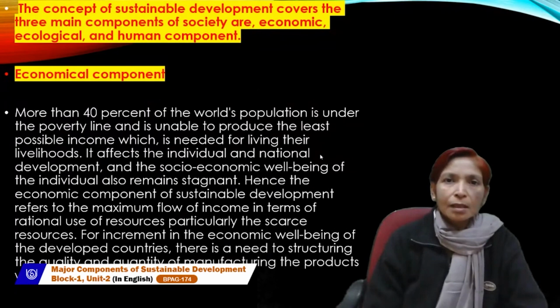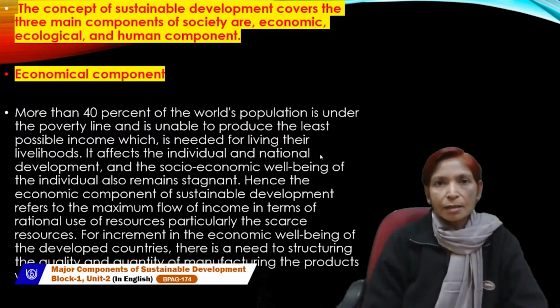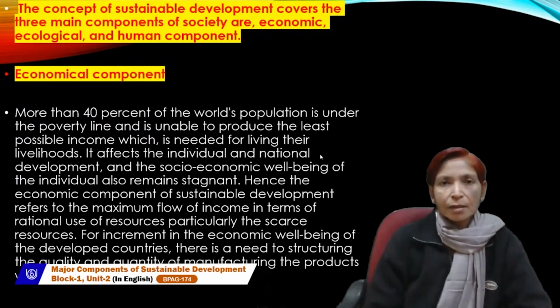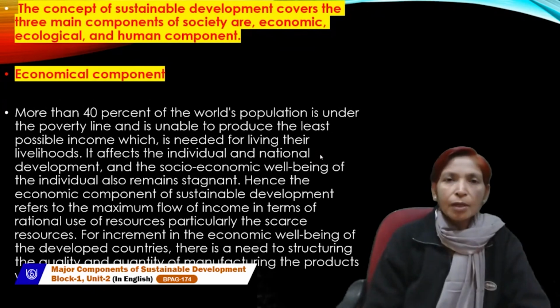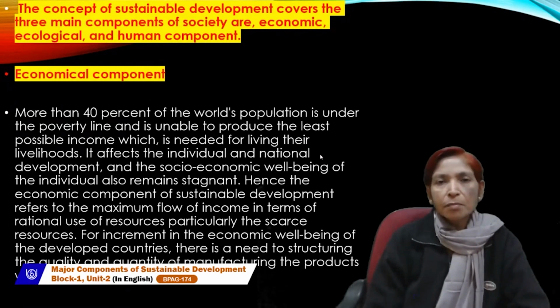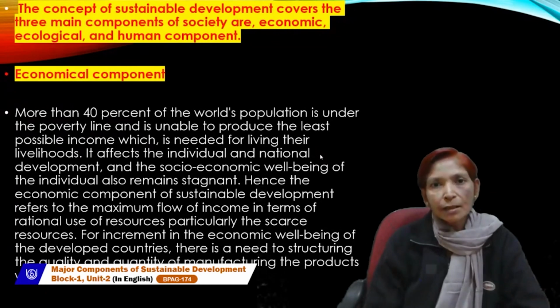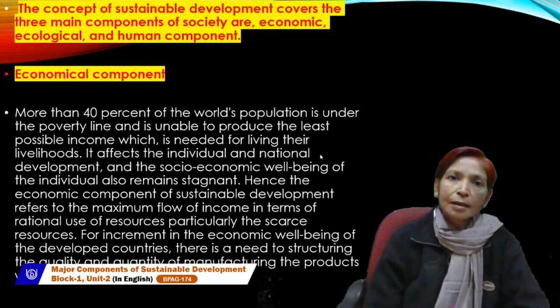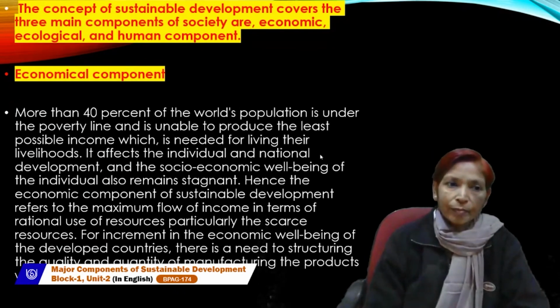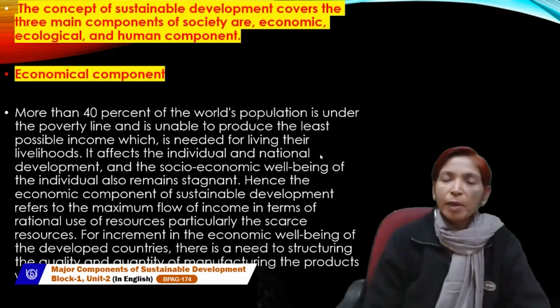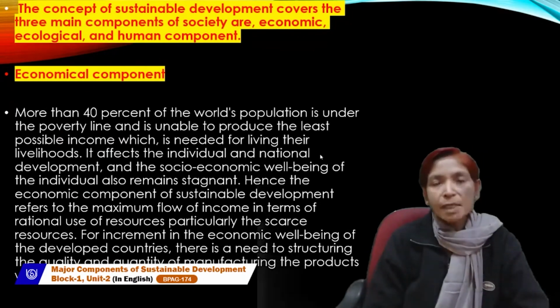Poverty is that situation when people are not able to fulfill their basic requirements of life like food, clothes, shelter, education, health, and sanitation. If people are not able to fulfill these basic requirements of survival, then the person will be called poor.